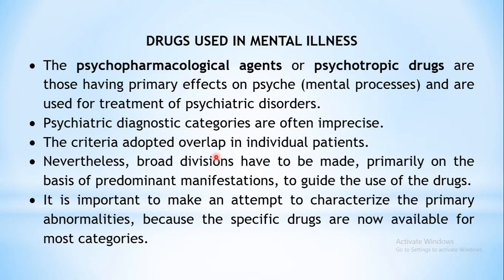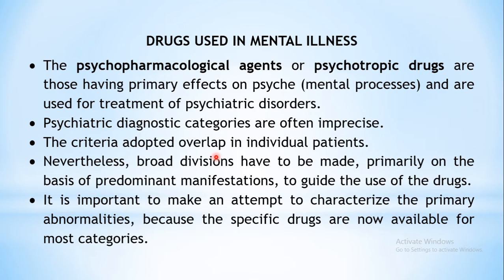The same kind of symptoms may be seen in more than one type of psychiatric disorder, so the symptoms are quite overlapping and do not give very clear-cut ideas. But recently there have been a lot of studies done on mental illness, and predominant manifestations in a particular condition have been identified, so that there is guidance for the use of specific types of drugs.